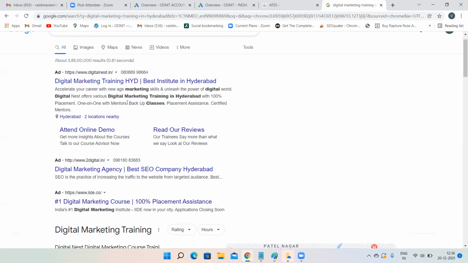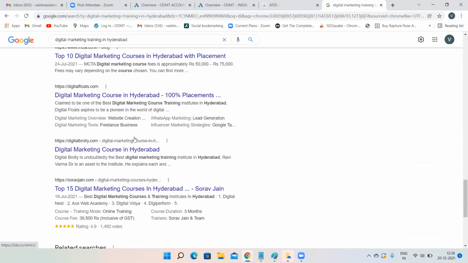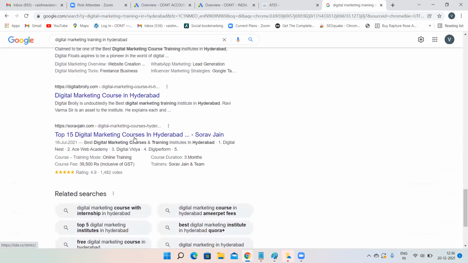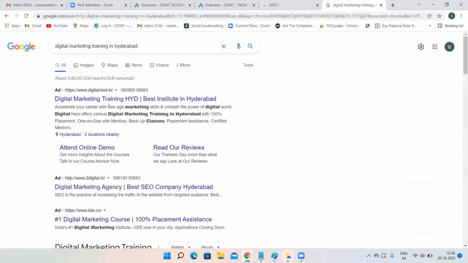Now see, by default, how many descriptions can you give? 2 you can give. If you want to give more, then you can give 4. If you observe, some people will be giving more than 2 or more than 4 descriptions also. He has given how many? I don't know. 1, 2, 3, 4. They have given just 4, but some people will be giving more than 4 descriptions also.